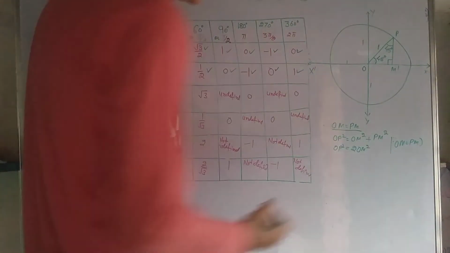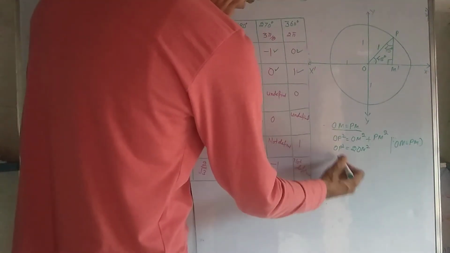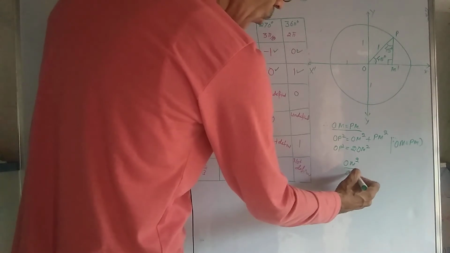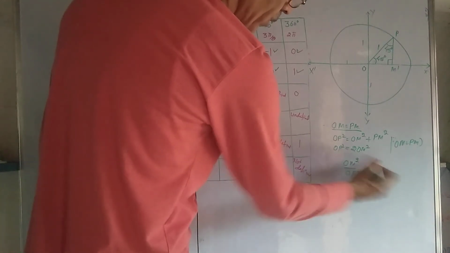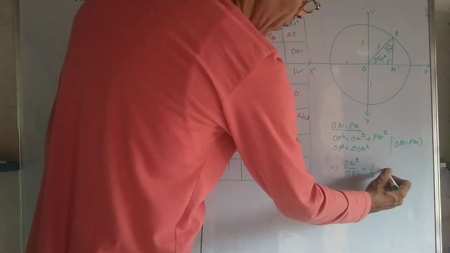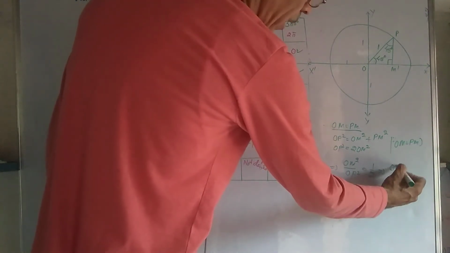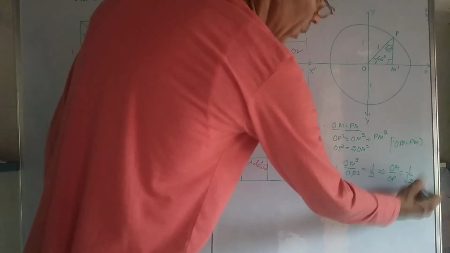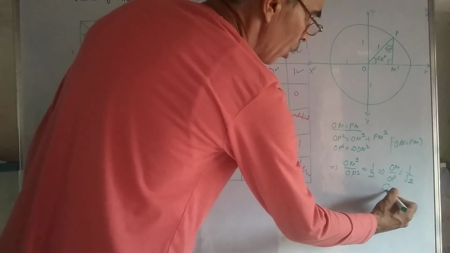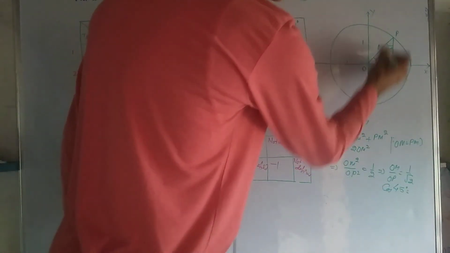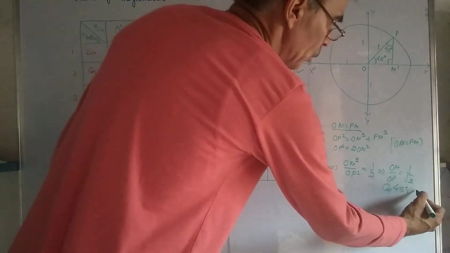Now OM square upon OP square is 1 upon 2. Taking the square root, OM upon OP is 1 upon root 2. And OM upon OP is cos 45 degree, base upon hypotenuse.